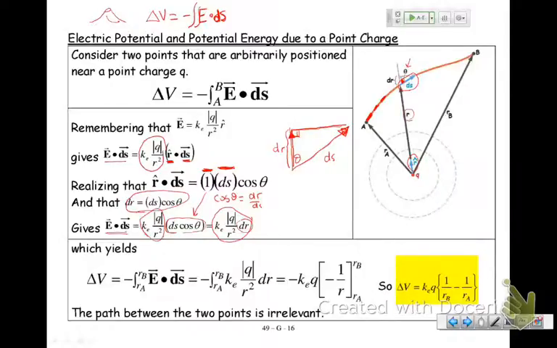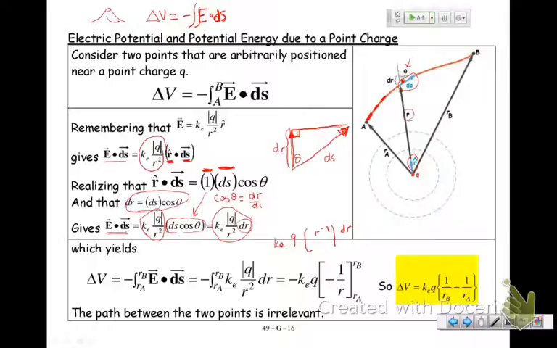Okay. So I say, well, my delta V equals minus the integral from radius B to radius A of E dot ds, which equals minus the integral of k_e times q over r squared dr. Well, I know how to integrate something with respect to dr. I just go minus k_e q times r to the minus 2 dr. Yeah?